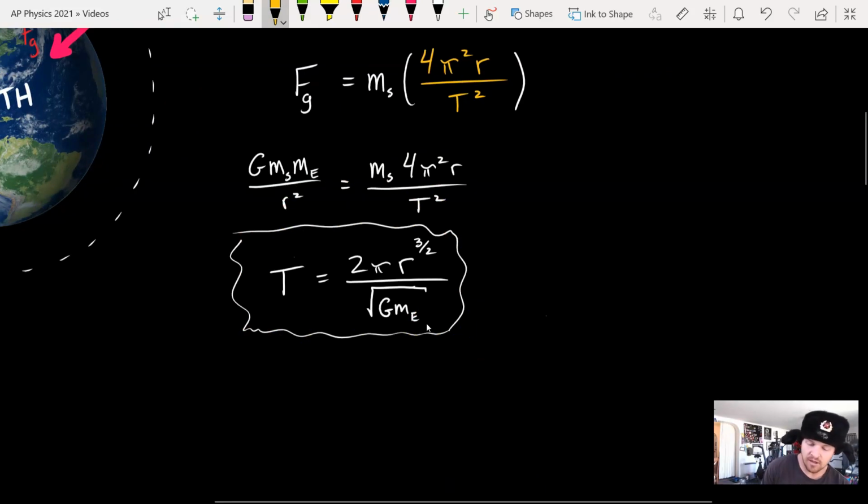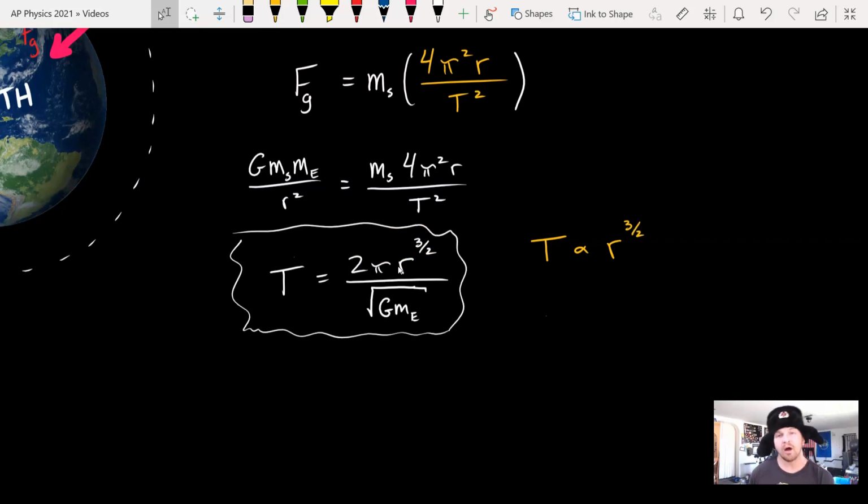Now, looking at what this means, it tells us a few things. Remember, 2 pi is just a constant, so it doesn't affect anything, it's just a number. This tells me the period is proportional to the 3 over 2 power of the radius. And remember, G is the gravitational constant, that's just a number.